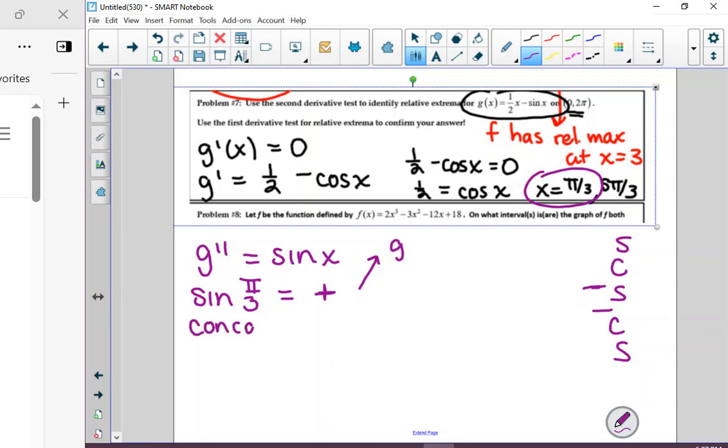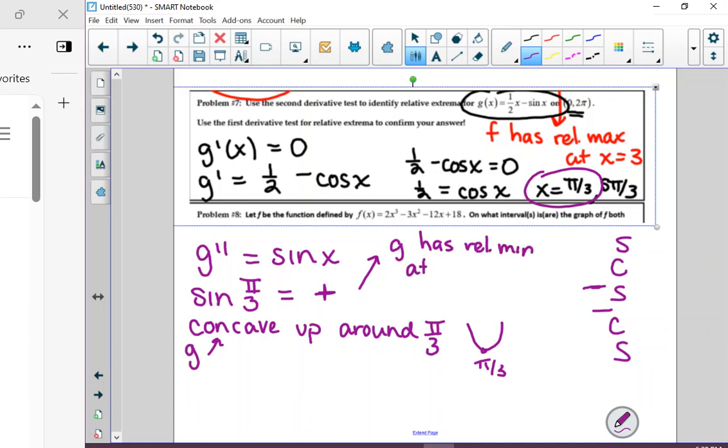We're going to talk about g being concave up around pi over 3. So if we're concave up around pi over 3, g has a relative minimum at x equals pi over 3.